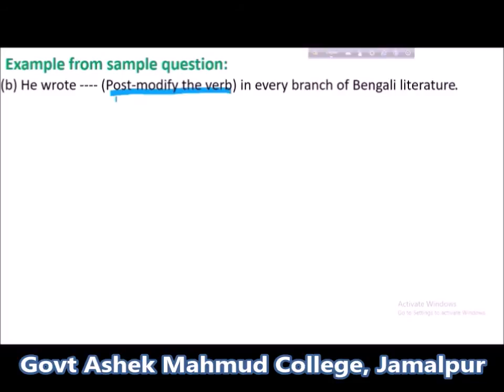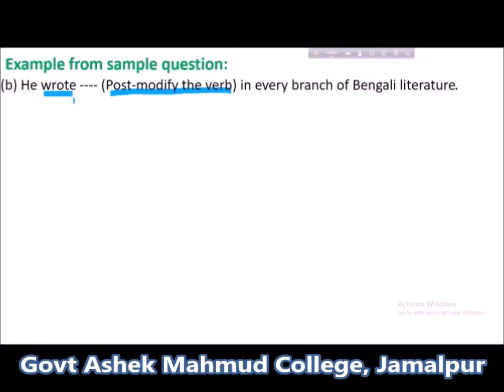We have already learned what a post modifier is: it will sit after the word it modifies. And this is now easy for us to identify: we have to modify the verb wrote, and you have to use the modifier after this very verb.